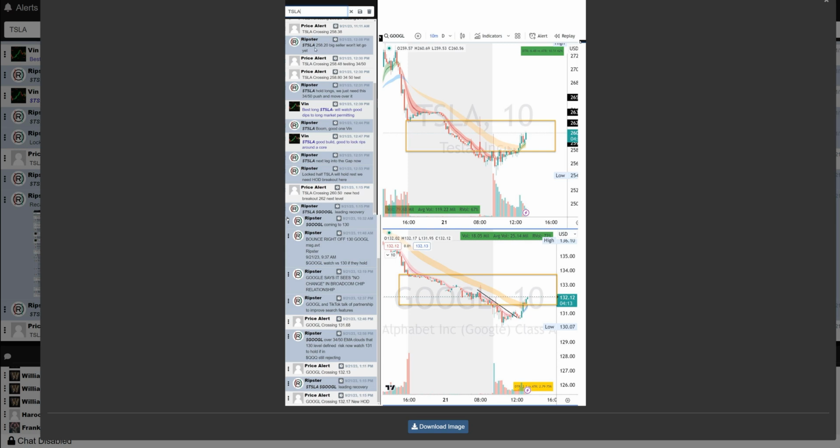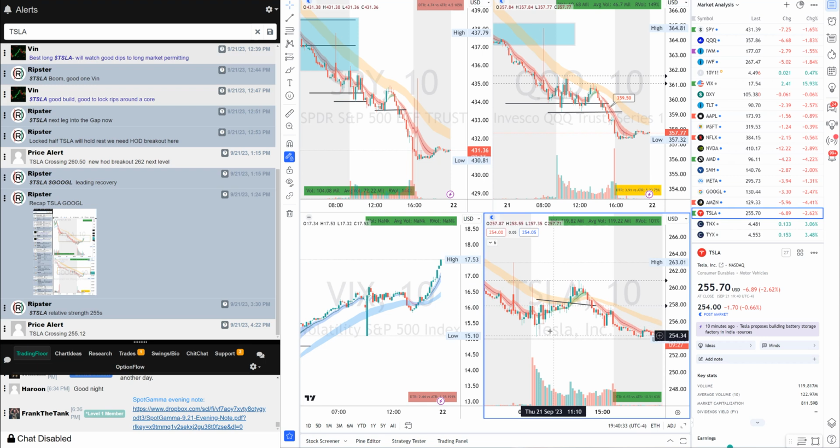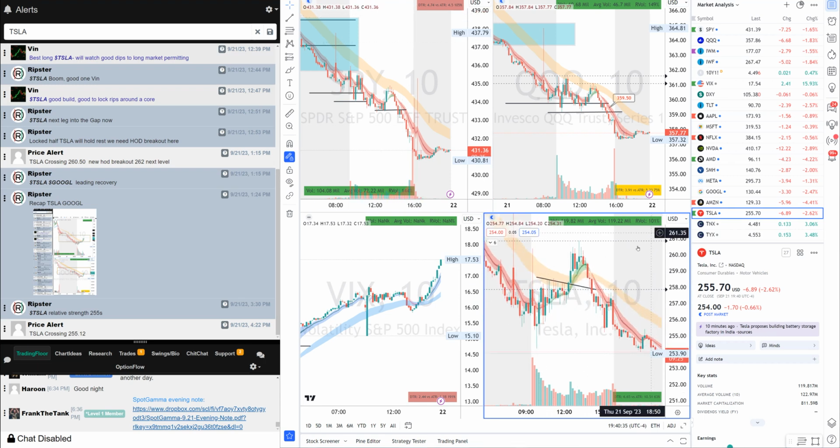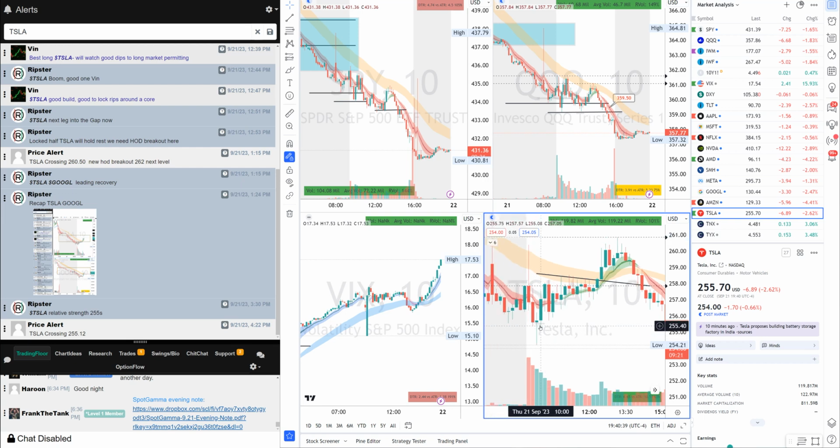On Tesla, when I saw this hammer candle, hopefully you guys can see it, and it getting back over this 255, that's what made me interested in Tesla, that we can long it.